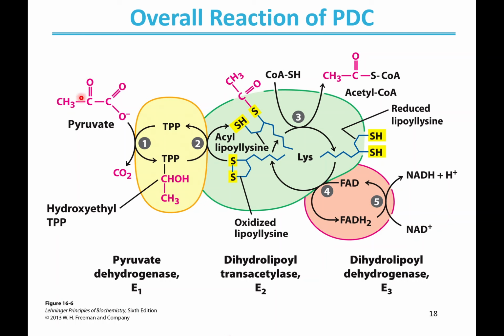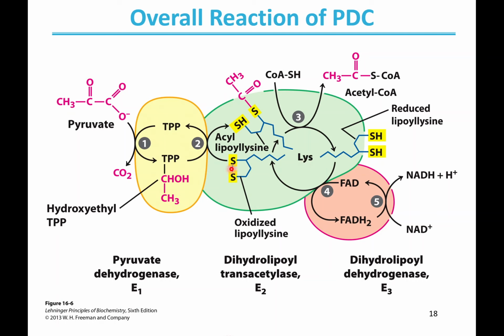Okay, so what's happening? The first step is pyruvate attaches to TPP, and when it does that, that CO2 group on pyruvate is cleaved off. Okay. Then the rest of the molecule from pyruvate is attached to TPP. That's oxidized into the acetyl group when it's stuck to lipoic acid on E2.